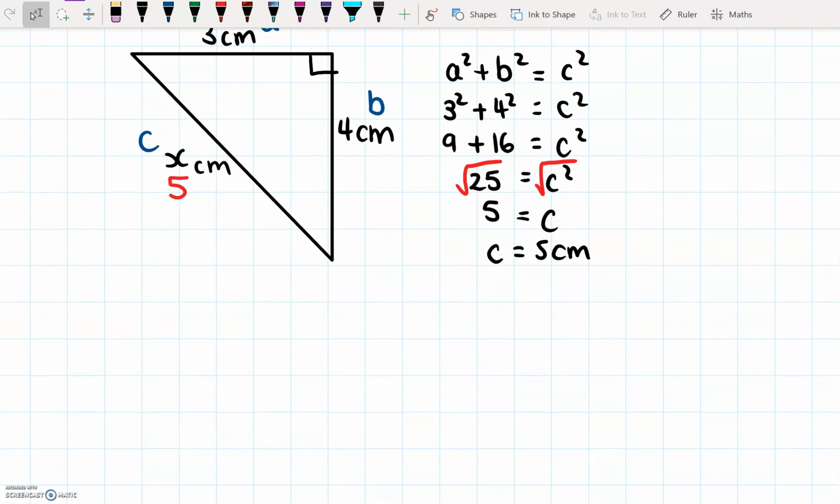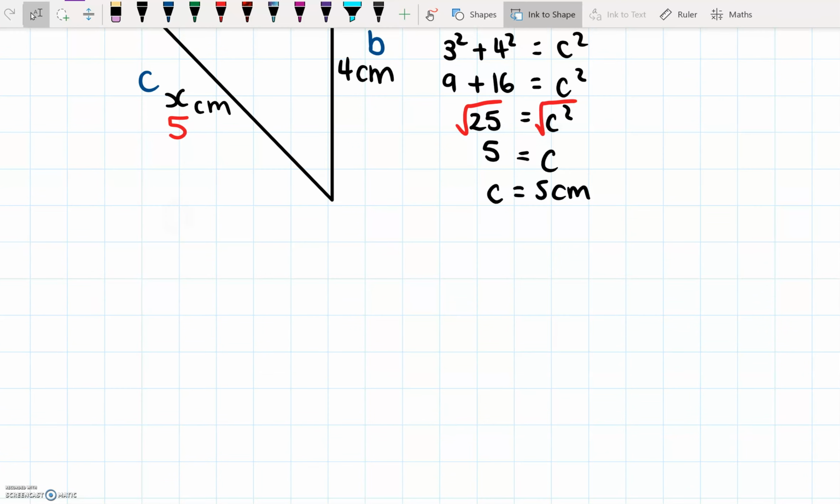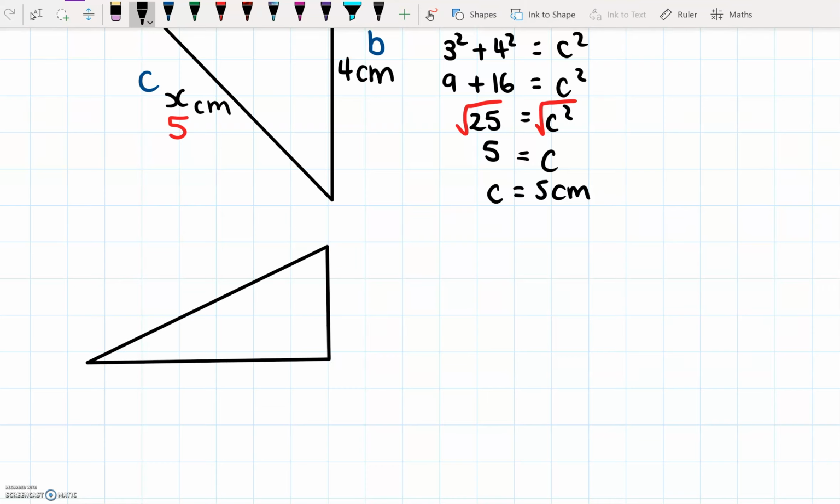Okay, so let's do another one. We will have 12 centimeters. This is going to be another one of our special ones, 5 centimeters and X centimeters.